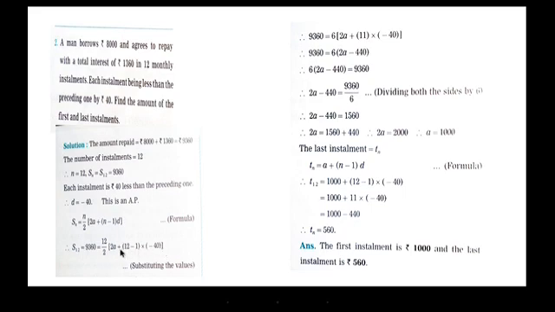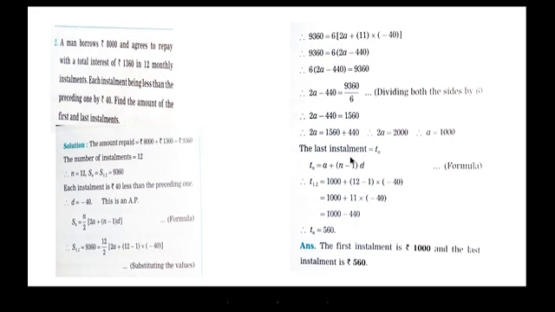We don't know what this first installment is, so we take that as a only. So 9,360 is equal to 6 into 2a plus 12 minus 1 will give us 11 into minus 40. So 9,360 will be 6, 12 upon 2 is 6, in the bracket 2a minus 440. So on solving, we get the value of a as 1000.